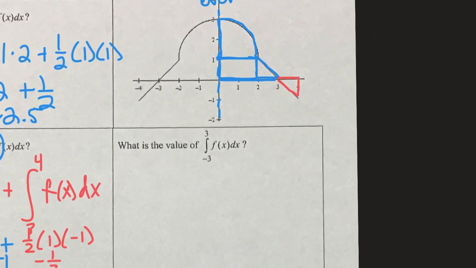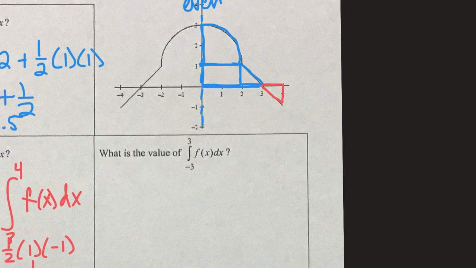Okay, which moves up to our third one. What's the value from -3 to 3 of our same function? Well, from -3 to 3, remember this is an even function, or an even graph. So the whole entire thing is 2 times the integral from 0 to 3.